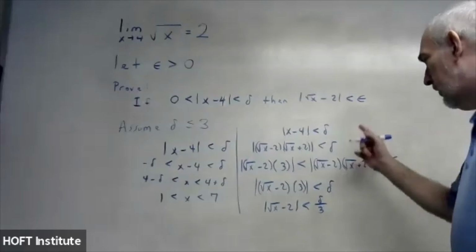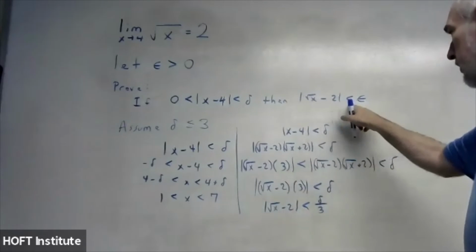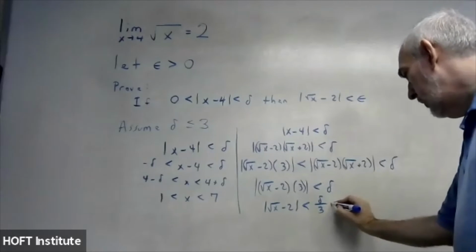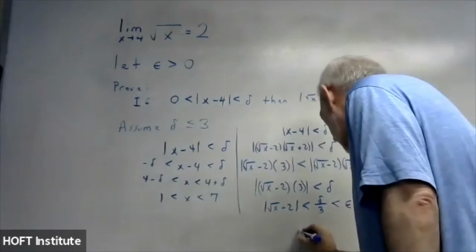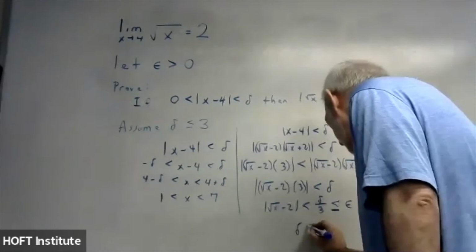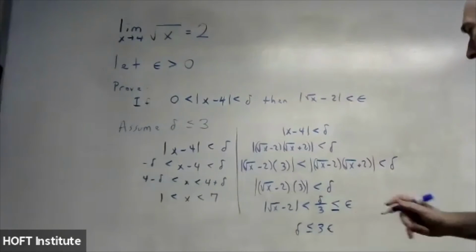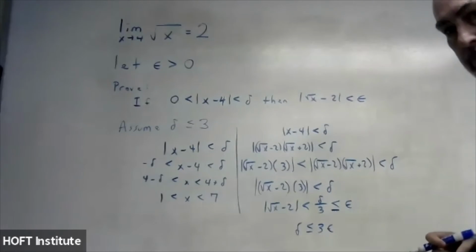Then if you connect these two things together, we want this to be less than epsilon, so we can just require that this be true, or equal to. Therefore, we need delta to be less than or equal to 3 times epsilon.